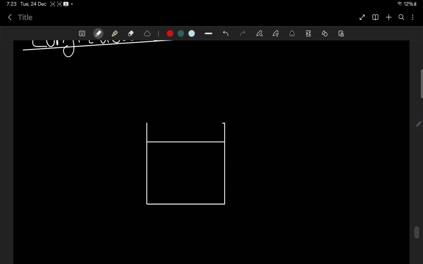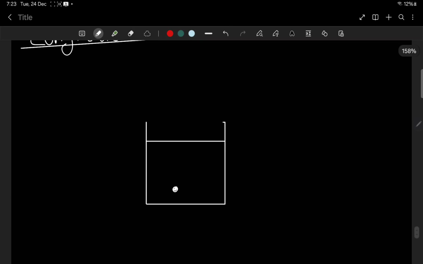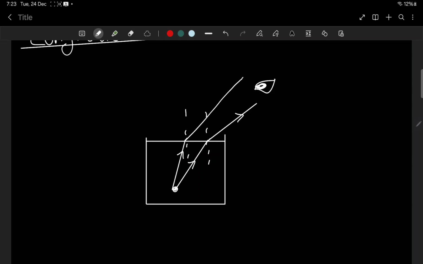Now there is some object here, and a ray from that object is coming outside, and it is getting refracted from denser to rarer medium, so away from the normal. Now the eye is here, one person is looking in. Now one more ray we will take. It is coming like this, and it is away from the normal.